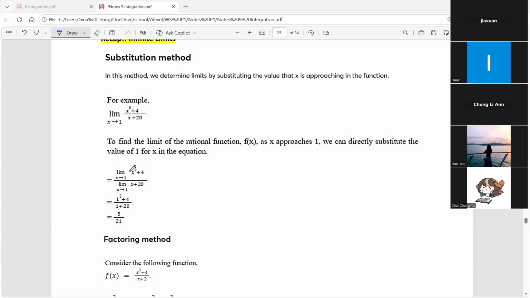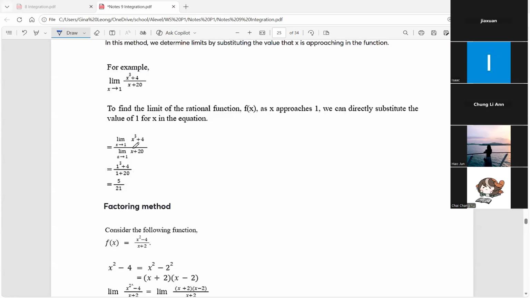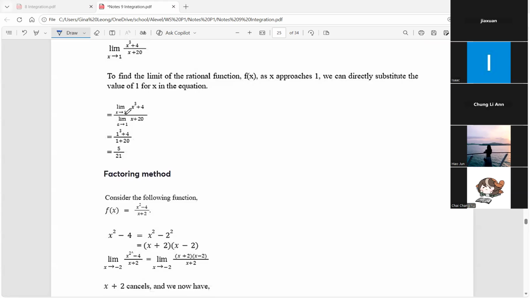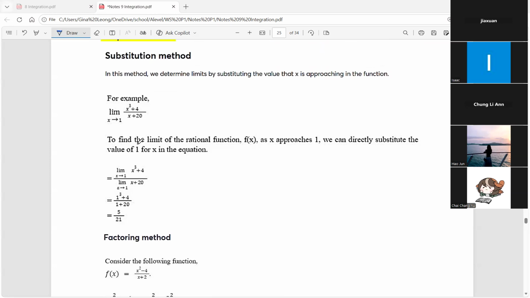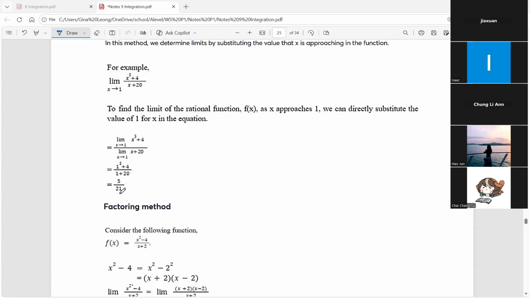If here cannot simplify anymore, you just replace the 1 into the x value. For this one, I just replace the 1 into x here. Then after that, I will straight away get the answer 5/21. Meaning that after you take the limit as x approaches 1, you will get 5/21.